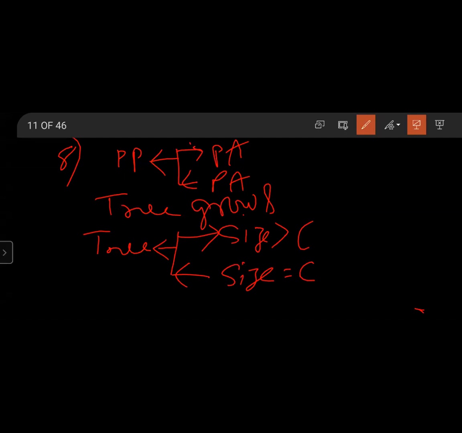Tree grows. Tree implies size greater than C, size equal to C. Okay.